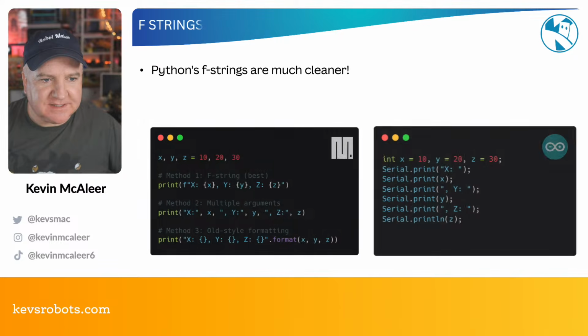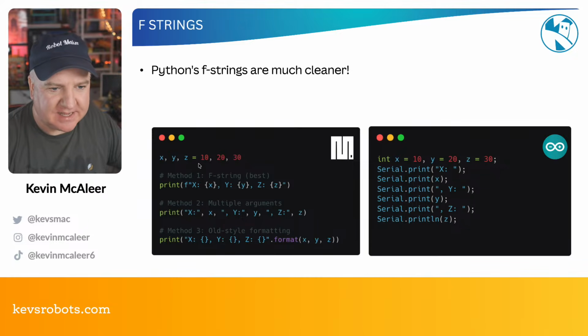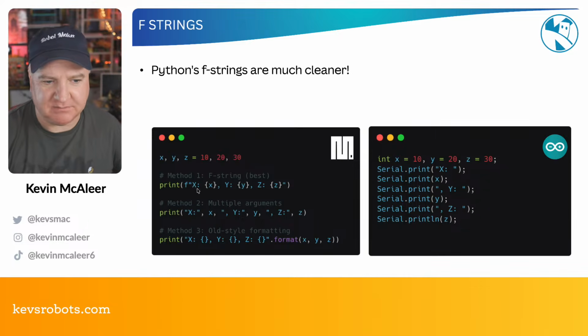Cool, so that's how we do serial basics. F-strings, I told you we would look at these a little bit later on. So if we've got three variables like x, y, and z, equal to 10, 20, and 30, we can then say f-string, value of x, colon, and then in curly braces, the actual variable x, so that'll print 10, 20, 30.